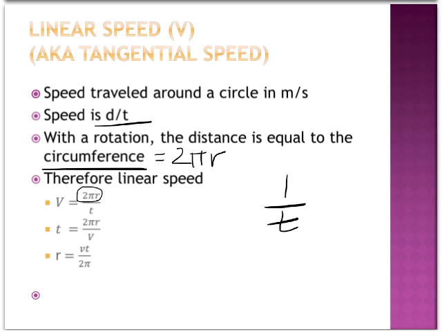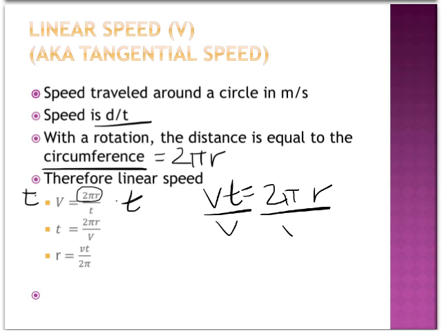Make sure you start by multiplying both sides by t, and you end up with Vt equals 2 pi r. Then you want to get rid of the velocity, and since that's being multiplied, the opposite is dividing, and that's how you get this one: T equals 2 pi r divided by v.